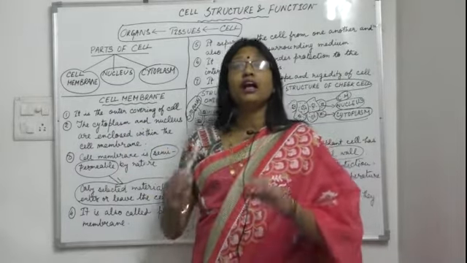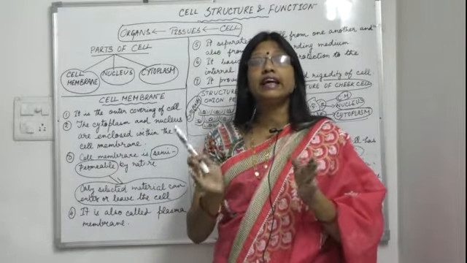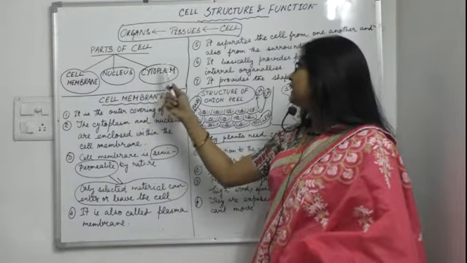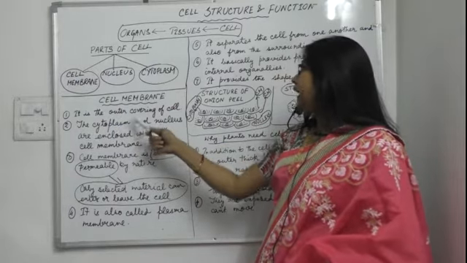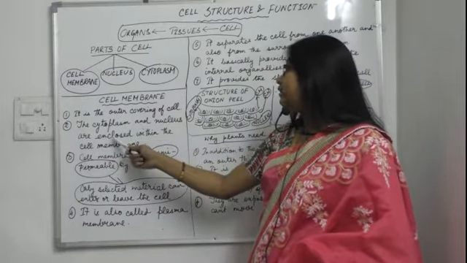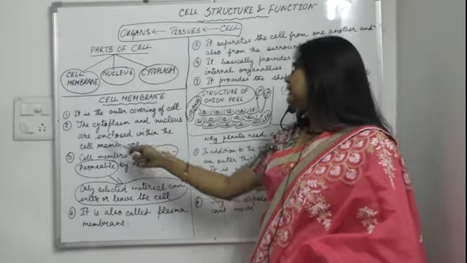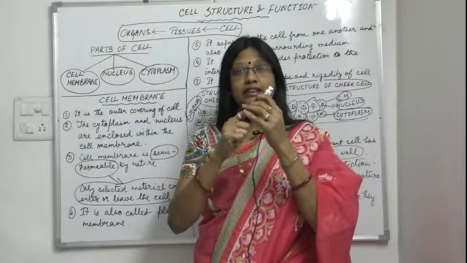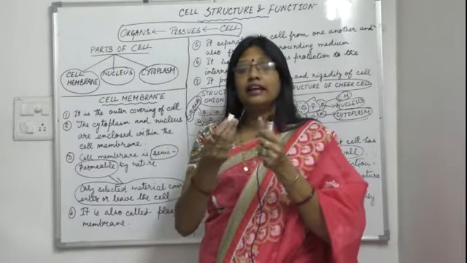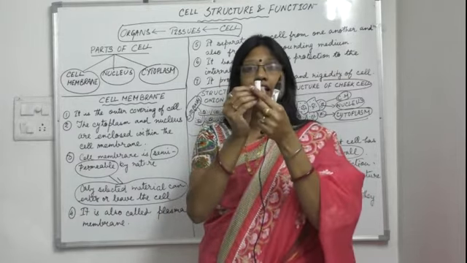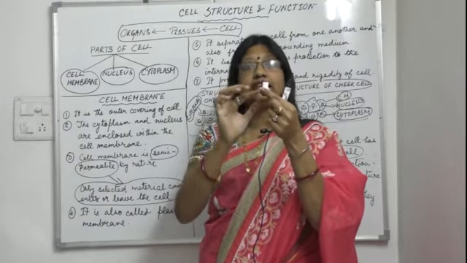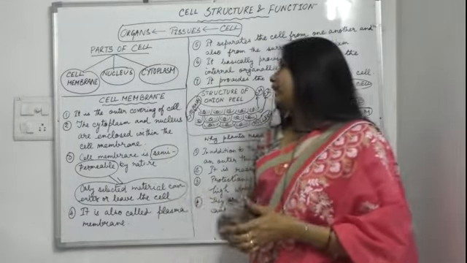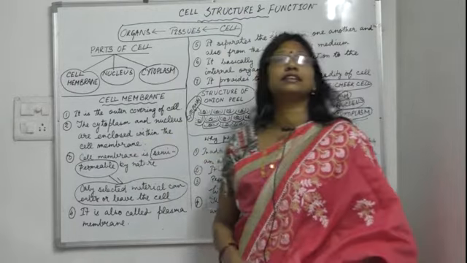Now inside the cell membrane there are two other parts of the cell, that is nucleus and cytoplasm. The cytoplasm and nucleus are enclosed within the cell membrane. That means if I take this as a cell, this outer covering is the cell membrane, and inside this there are cytoplasm and nucleus.